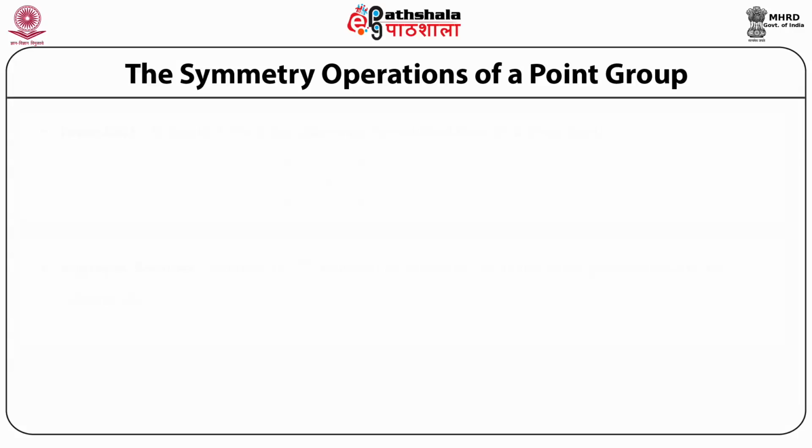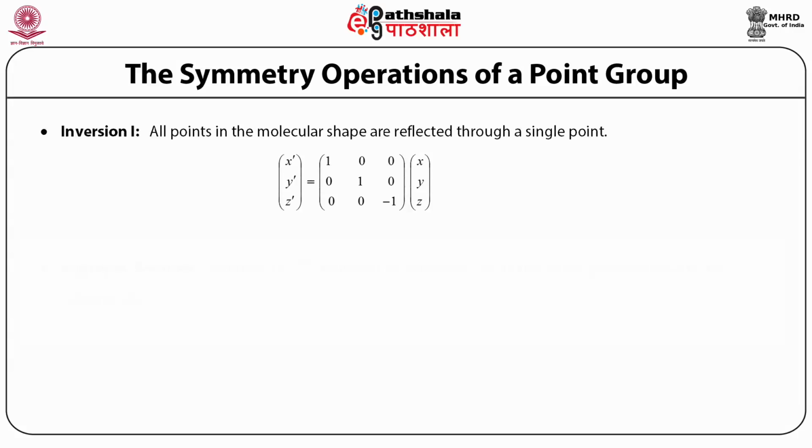So after rotation and reflection, we have inversion, a symmetry of inversion. The molecular shape may be such that all points on the molecule are reflected through a single point. Suppose they are reflected through a certain point, then the components of the vector x, y, z are transformed to x prime, y prime, z prime, where x prime is equal to x, y prime is equal to y, and z prime is equal to minus z.